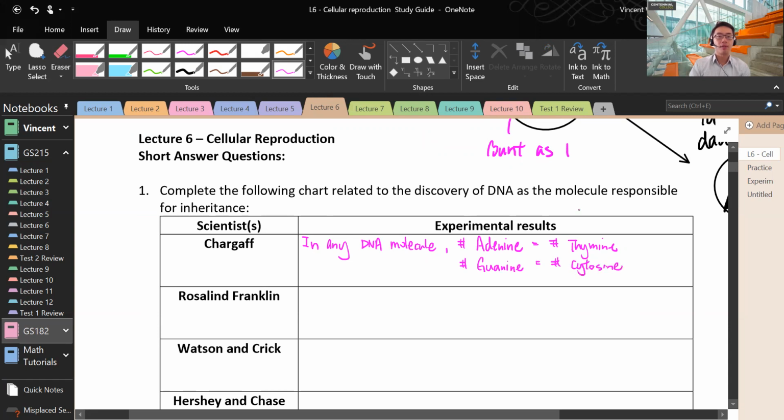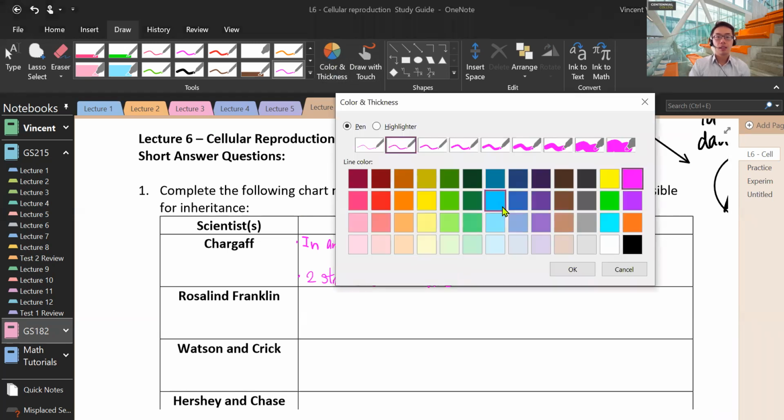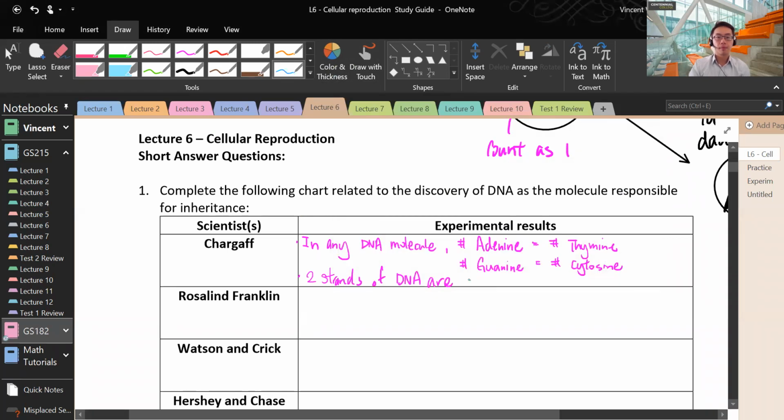Now we know this already, right? This is called the base pairing rule. The reason why they're equal is A always pairs with T and G always pairs with C. So given that concept, we know that the two strands of DNA are complementary.